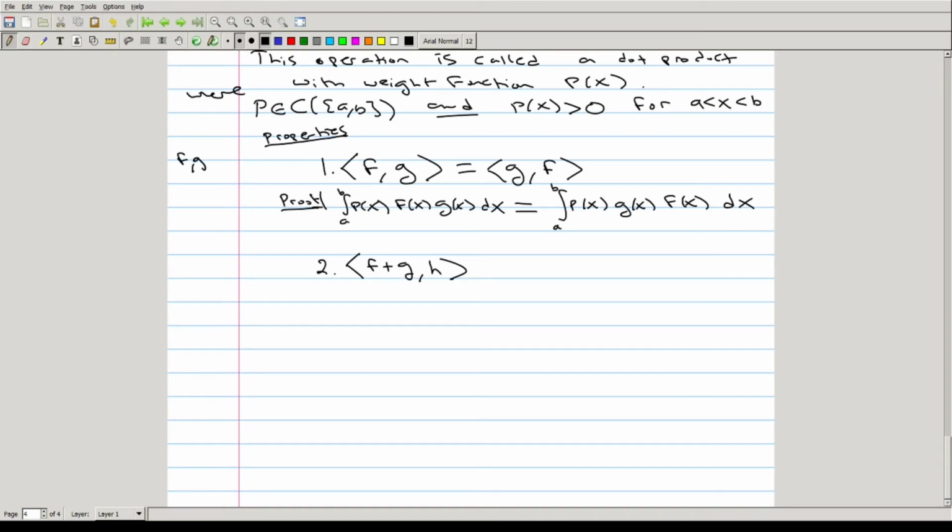Here we're assuming f, g, h are all in this vector space of continuous functions, and we're assuming that c is some element in the underlying field. The dot product is distributive, so the inner product of f plus g with h is going to be equal to the inner product of f with h, plus the inner product of g with h.